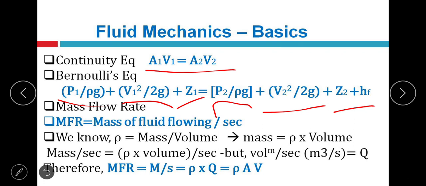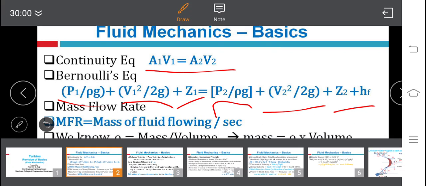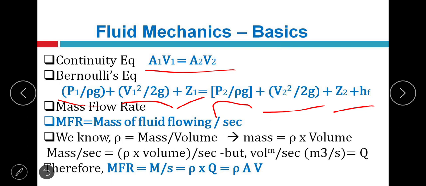Mass flow rate, MFR, is equal to the mass of fluid flowing per second. We know rho is equal to mass upon volume, which implies mass is equal to rho multiplied by volume.